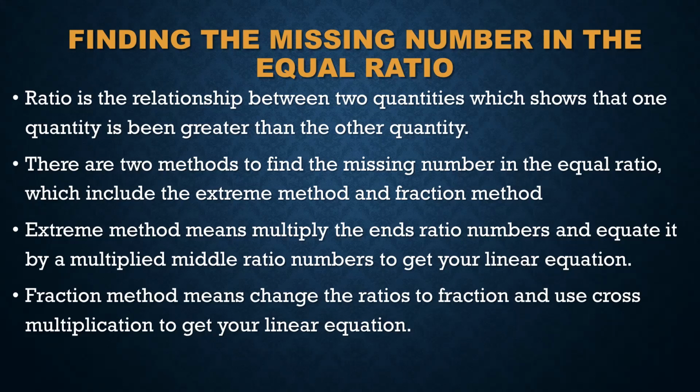If you don't want to use that method, you can adopt the fraction method, whereby the ratios are changed to fractions and you use cross multiplication to get your linear equation. Good. Let's solve one example with the extreme method and then the fraction method.